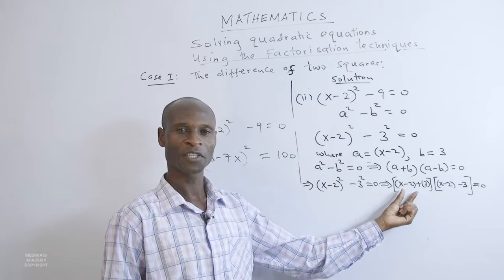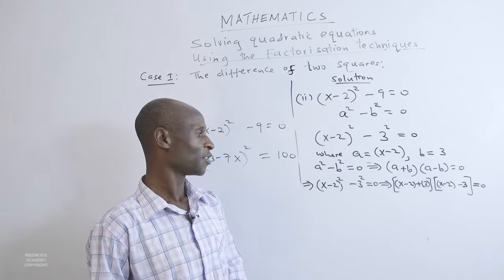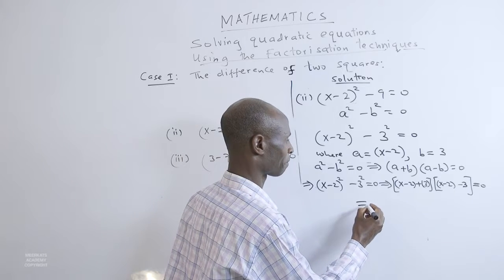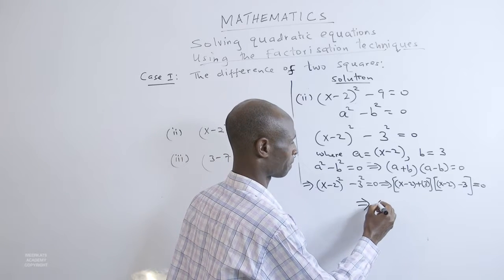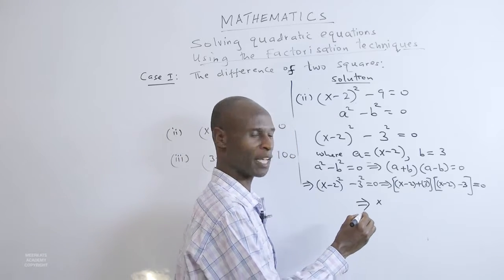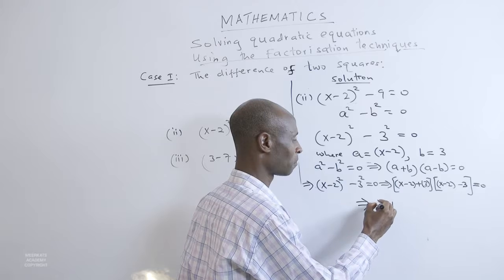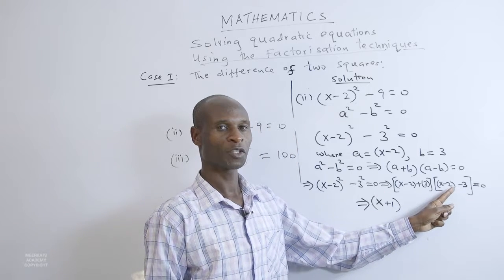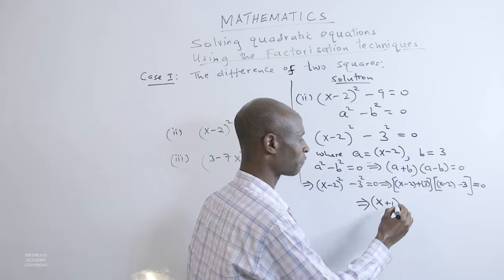So at this point, we now simplify the first bracket. Minus 2 plus 3 is 1, so we have plus 1. Then minus 2 minus 3 is minus 5.